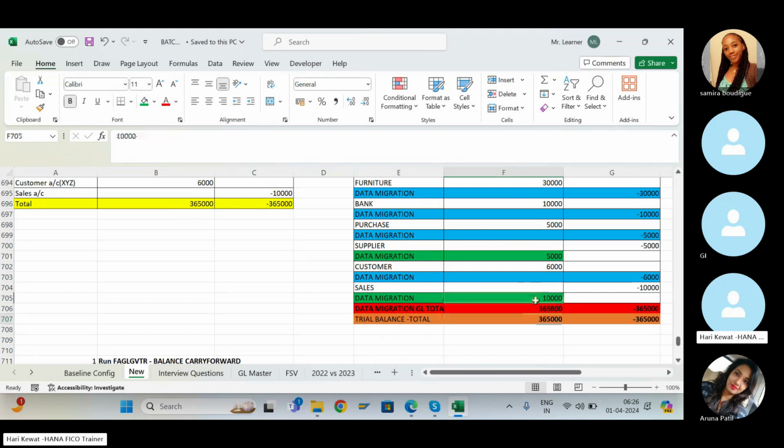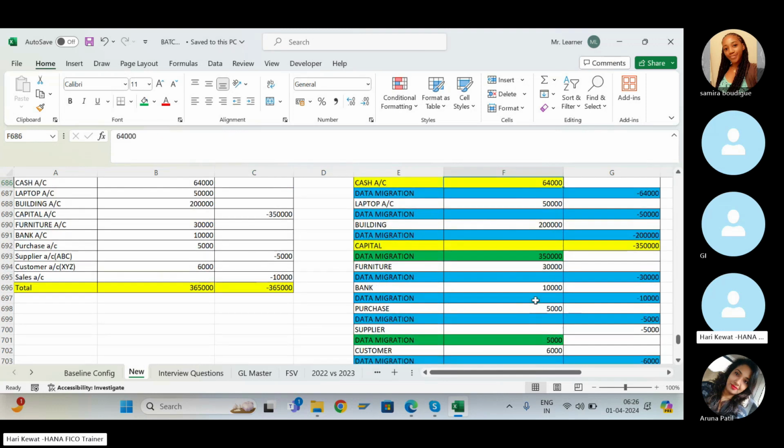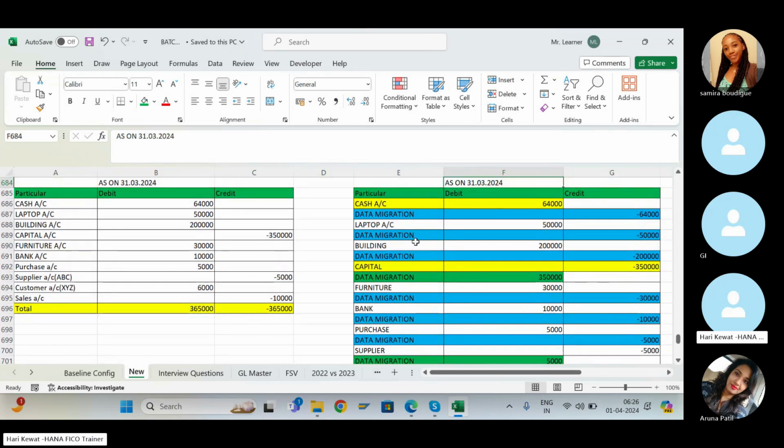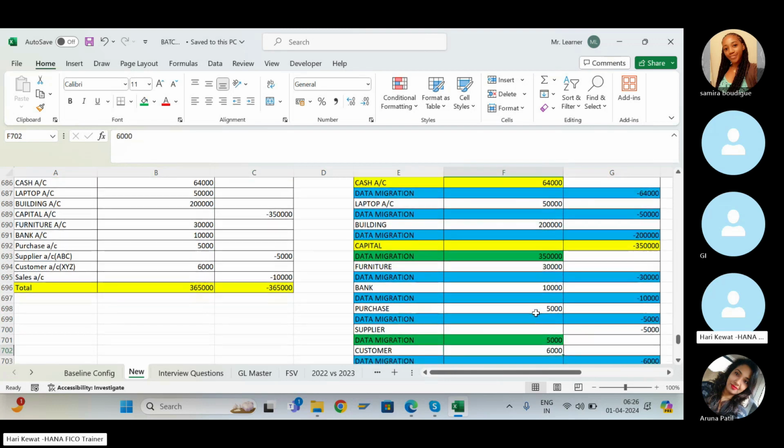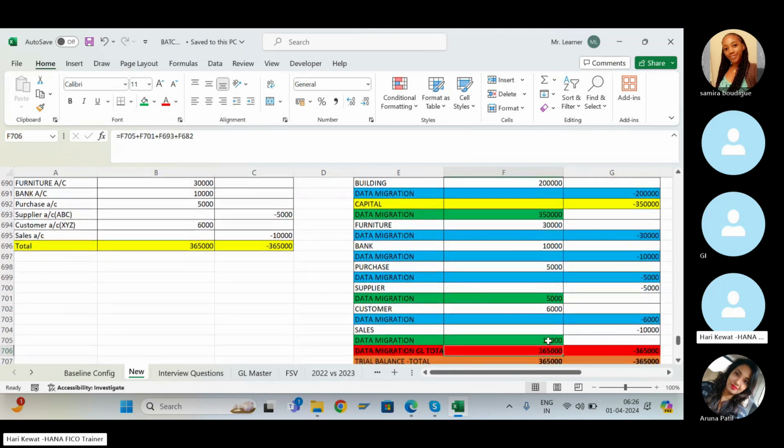So here let us first do the calculation of the data migration GL debit side. Whichever is in green color is debited to the data migration GL. So here you check the data migration GL debit balance: 350,000, plus 5,000 becomes 355,000, then plus 10,000 makes 365,000, the total debit balance of the data migration GL.